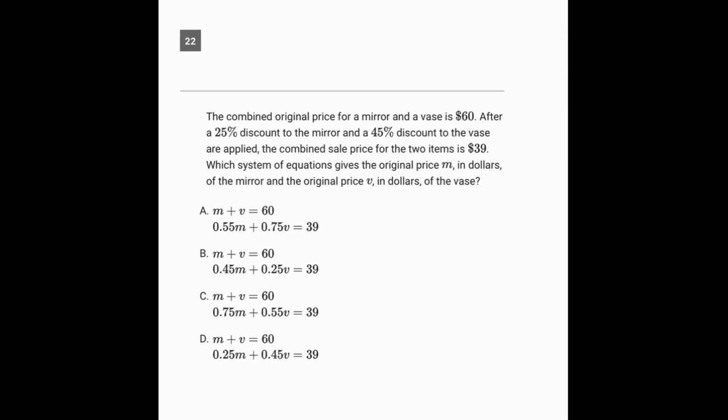Now going over to question 22, here we're being told that M is the original price of a mirror, and we're being told that V is the original price of a vase.